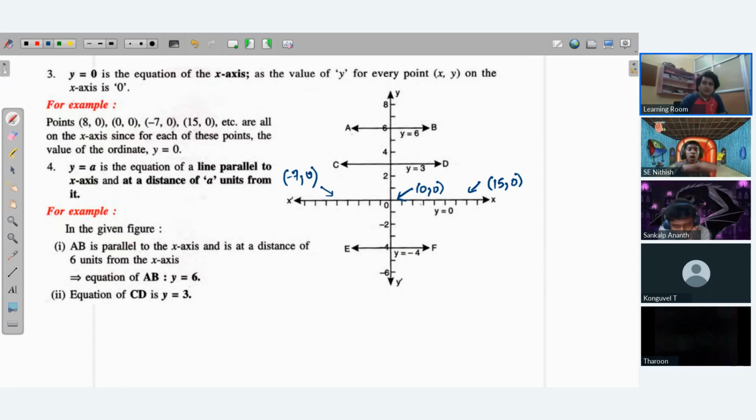Likewise, any line which is parallel to the x-axis has an equation of the type where y is equal to 6 like this, y is equal to 3 like this, y is equal to minus 4 like this.